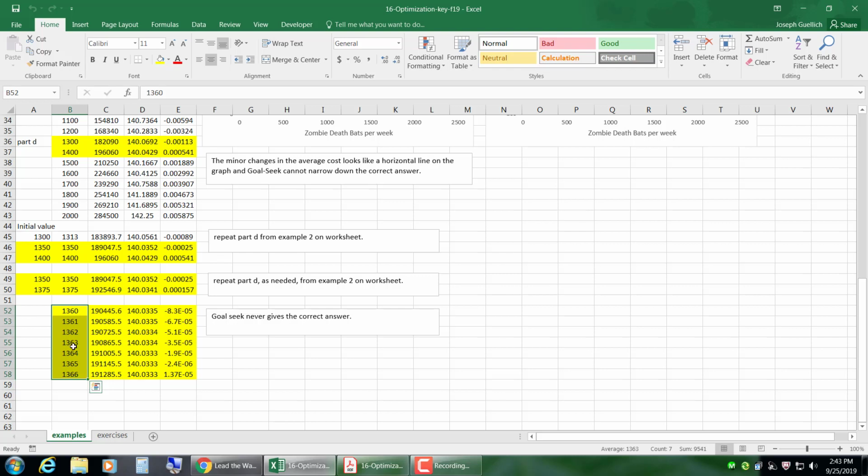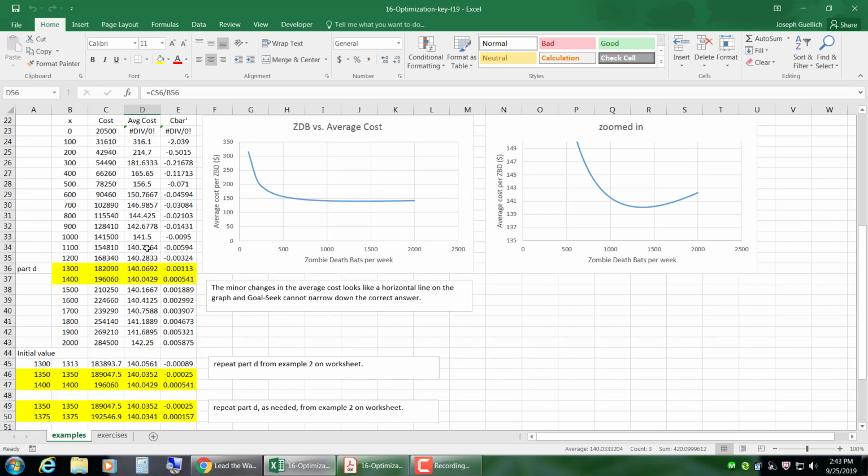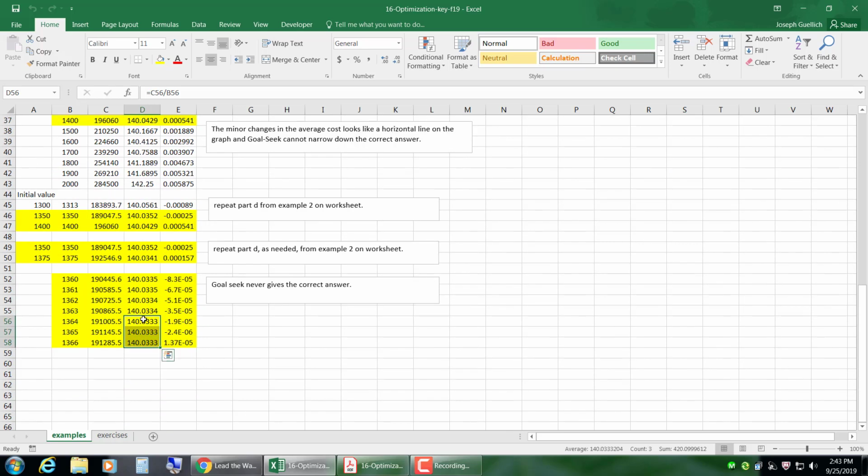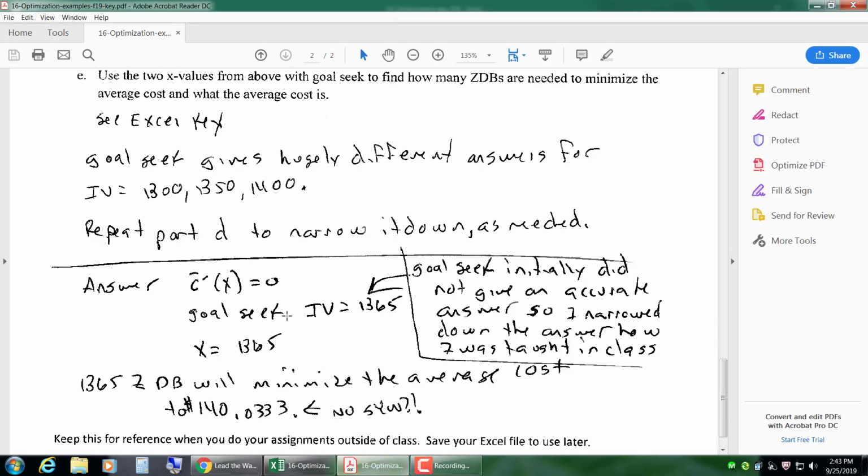I'm guessing a little bit. Finally, I get to a place where you can see that's the average cost column, and that's what we're trying to minimize. And you can see all three of those give me the exact same answer. I picked the 1365 to use for what I wrote down.